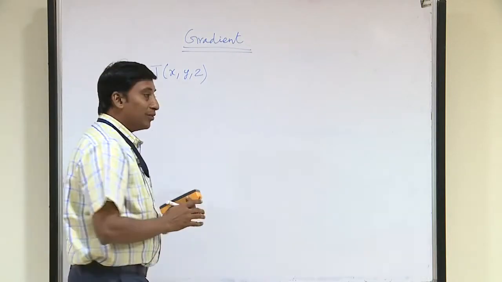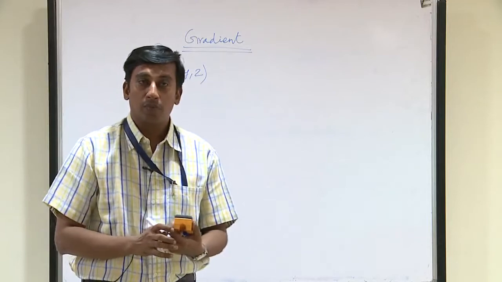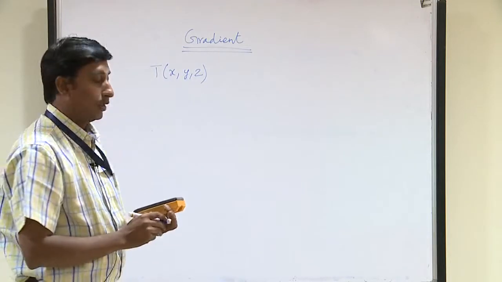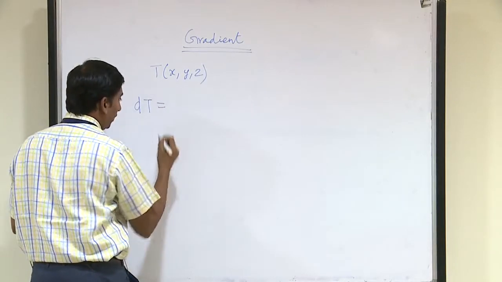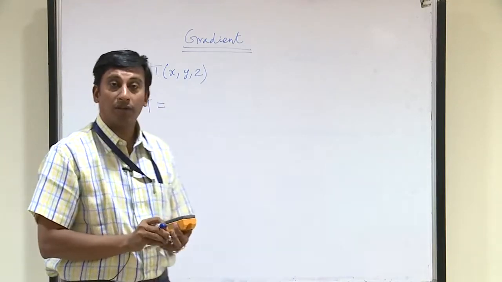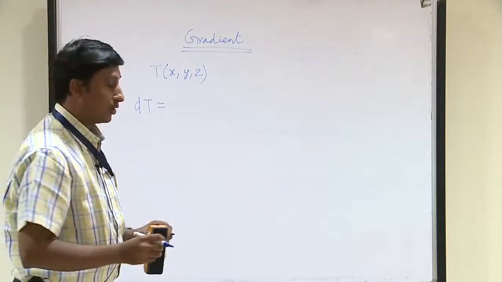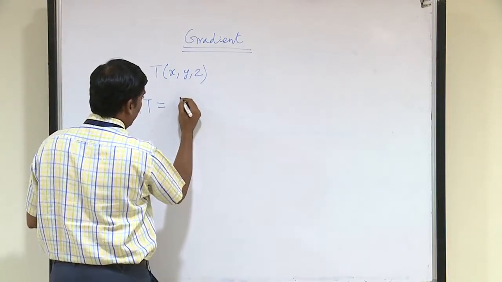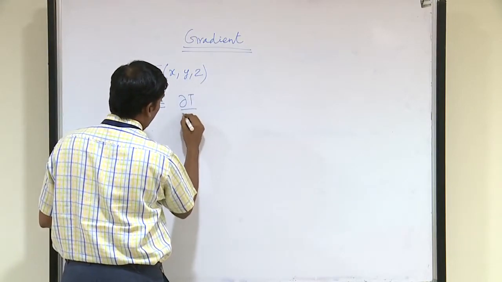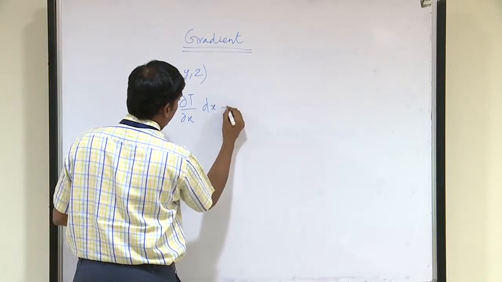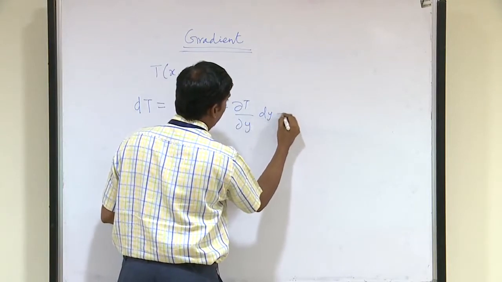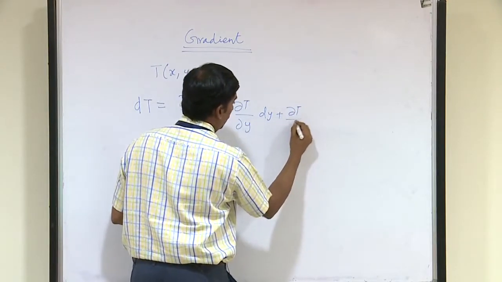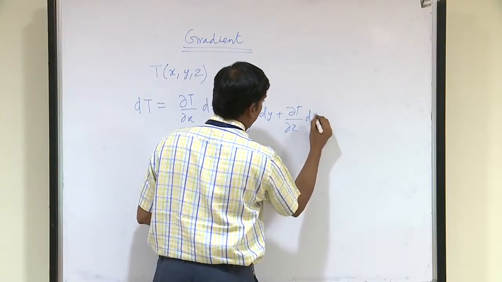Now, is it possible to extend the definition of the slope in this case also? Though it might look difficult, using the definition of partial derivatives, it is not that difficult. So dT is dou T by dou x into dx plus dou T by dou y into dy plus dou T by dou z into dz.